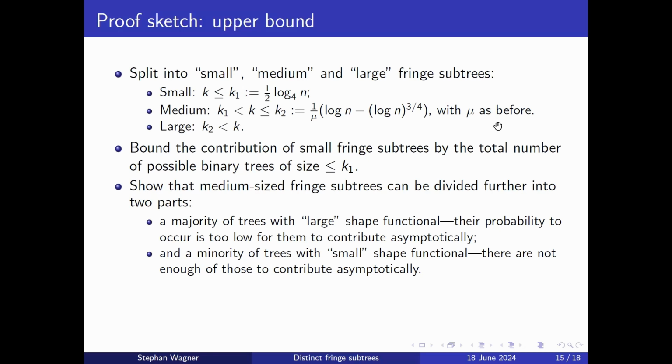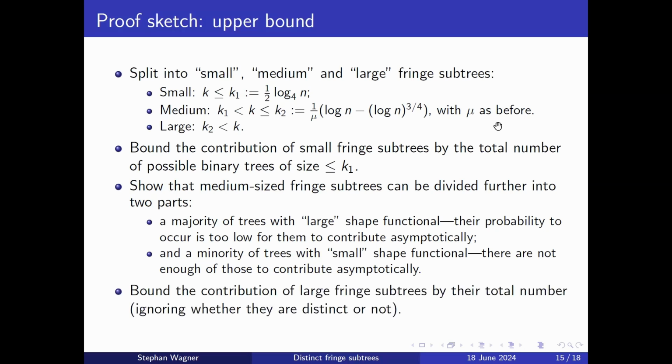Whereas those that occur with high probability somehow, there are simply not enough of those. All right, so you have those that occur, but there are not many of them, and a large number that have low probability of occurring. And it turns out by balancing these in the right way, you can prove that the medium-sized fringe subtrees also do not contribute asymptotically.